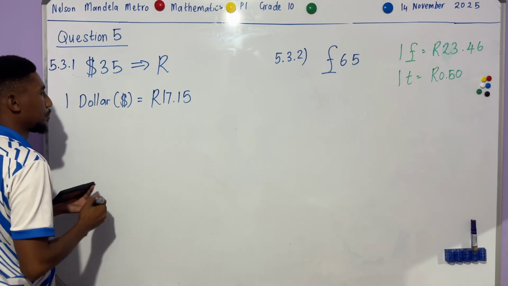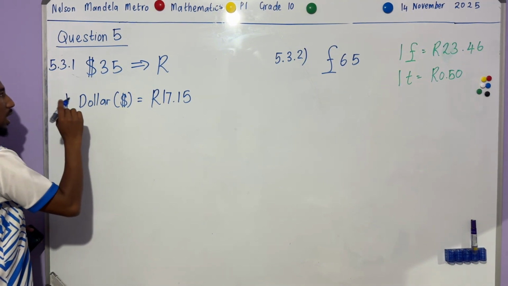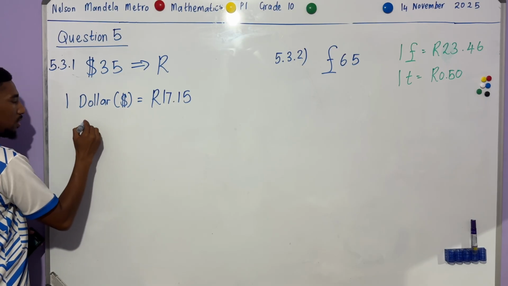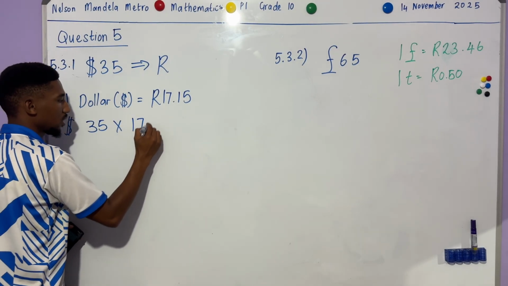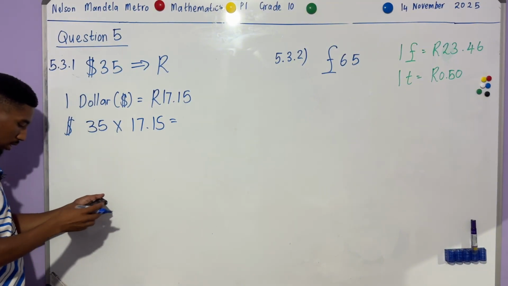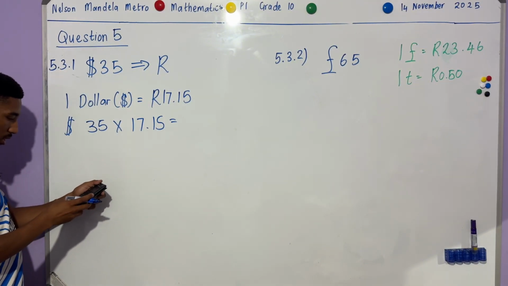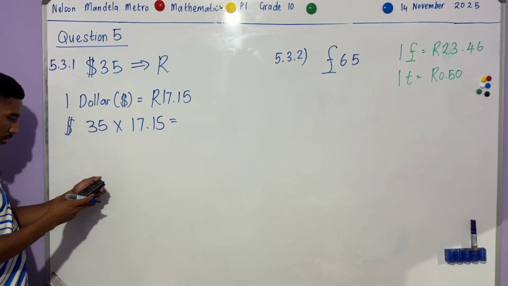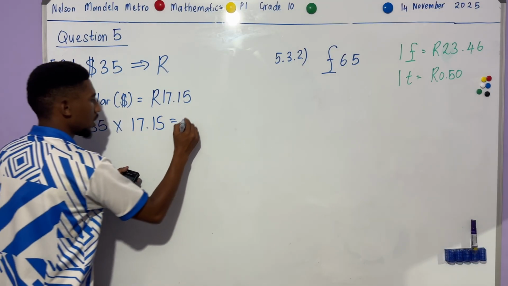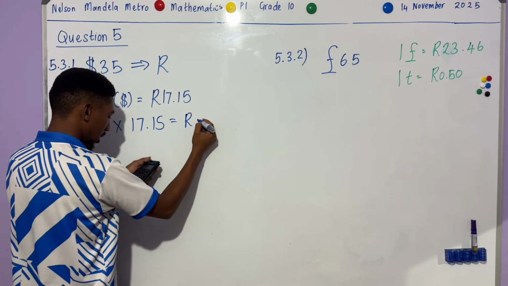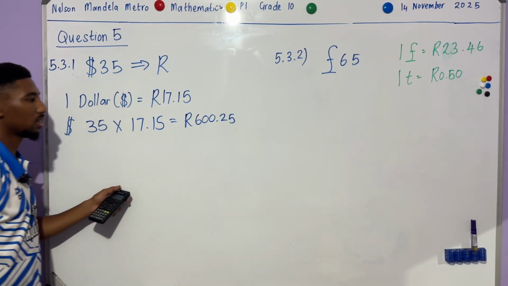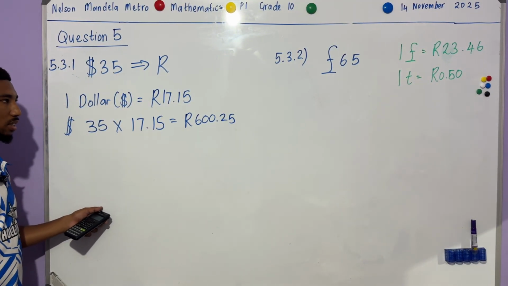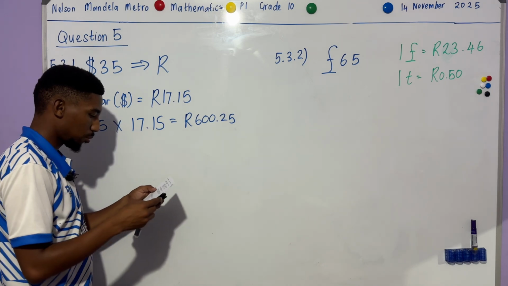So I take the $35, very simple, and I multiply by 17.15. That is simply it. So 35 times 17.15 is equal to rand. Yes, rand. Very important that we include our units for this question. 600.25 rand.